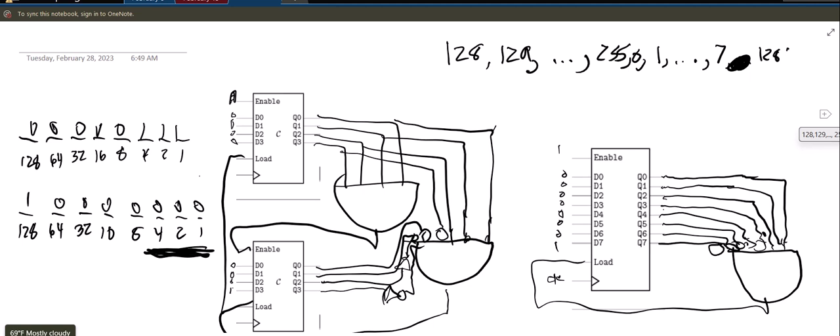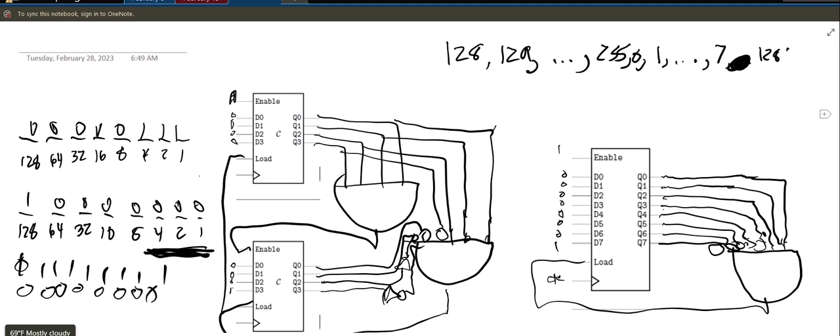But once you get to 255, then you start over again. And when you start over again, that 128 is 0. So 255, they're all 1s. And then you go back to 0. And then they're all 0s.